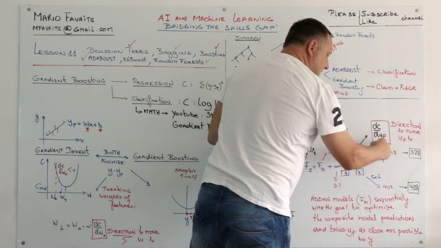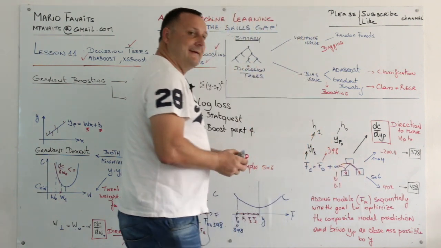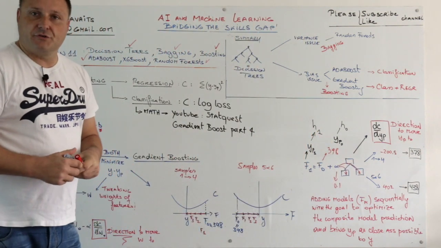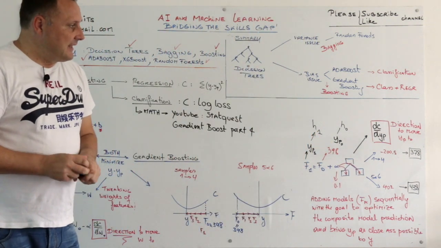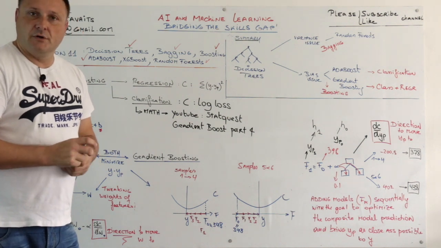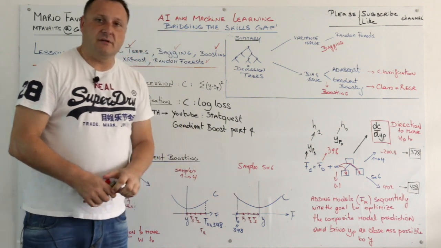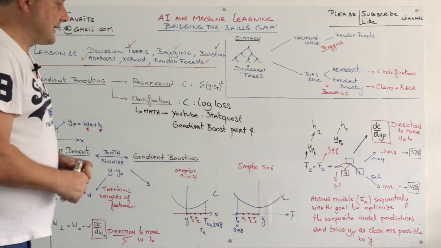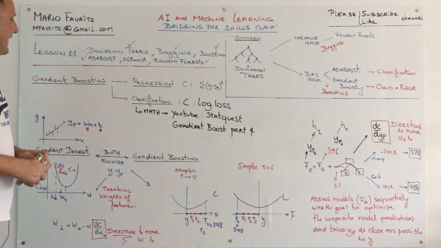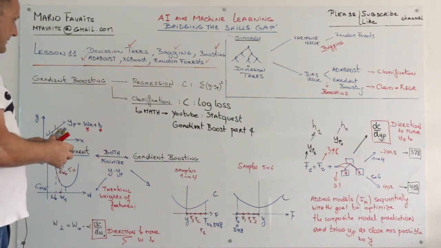So here that derivative is actually embedded in the construction of your tree. And that derivative will tell you which way to go, which we see here as well. Alright, that finalizes boosting.